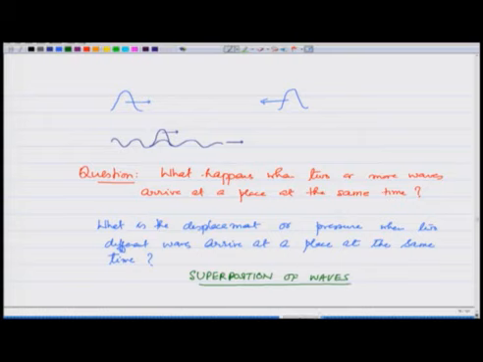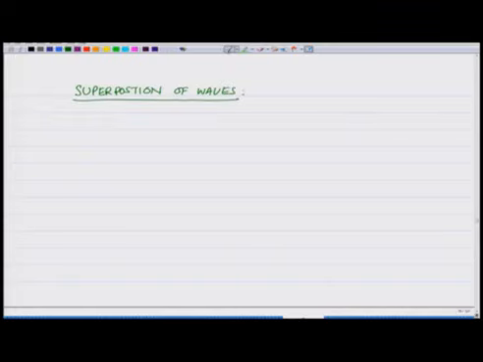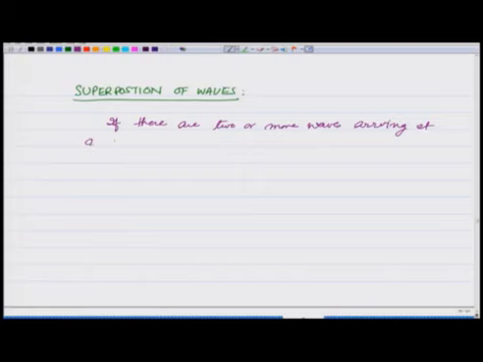What the superposition says, so we are talking about superposition. What the superposition says is that if there are two or more waves arriving at a point at the same time.